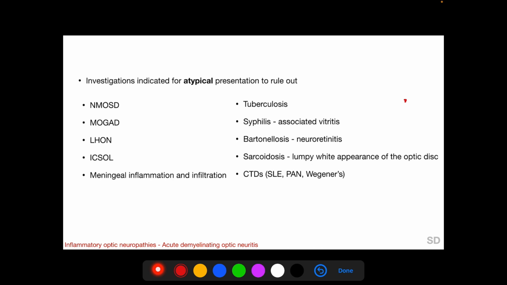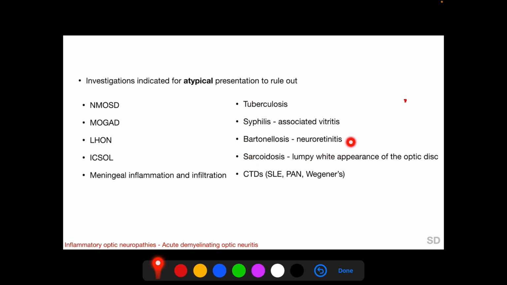So investigations which are indicated for atypical optic neuritis include neuromyelitis optica, myelin oligodendrocyte glycoprotein associated disease, Leber hereditary optic neuropathy, intracranial space occupying lesion, meningeal inflammation and infiltration, tuberculosis, syphilis, bartonellosis, sarcoidosis and connective tissue disorders.